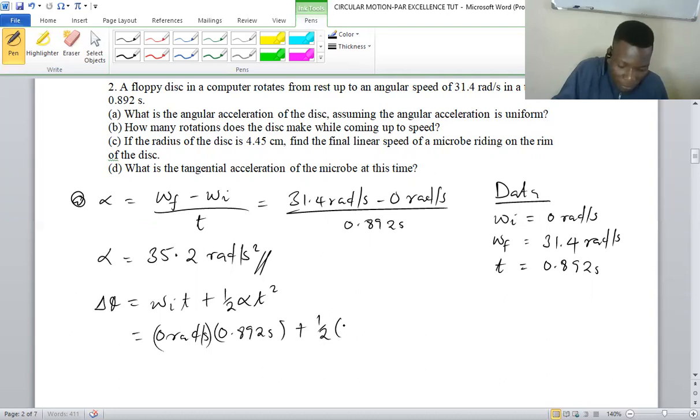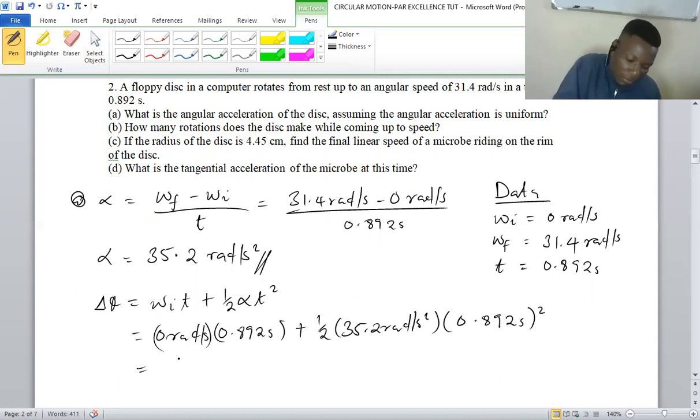Angular acceleration we found to be 35.2 rad per square second, multiplied by the time squared, that is 0.892 seconds squared.